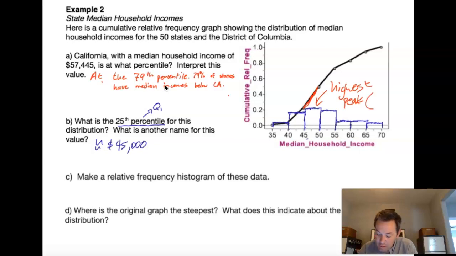Or the mode on my histogram. So the steepness of the ogive graph corresponds to the height of the bar on that interval. Steeper on the ogive means taller on the histogram. Less steep on the ogive, shorter on the histogram bars.